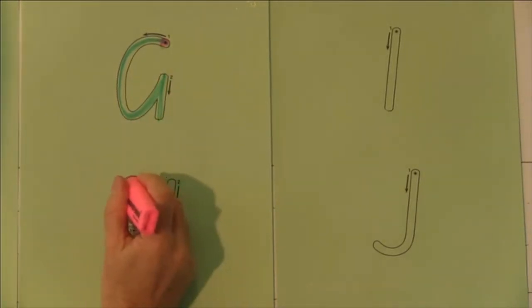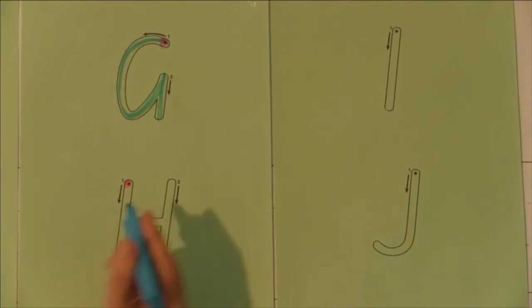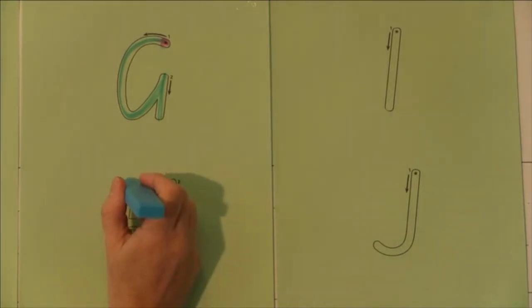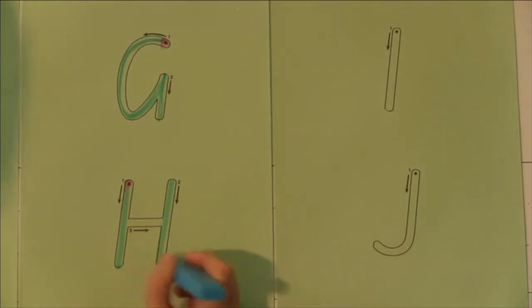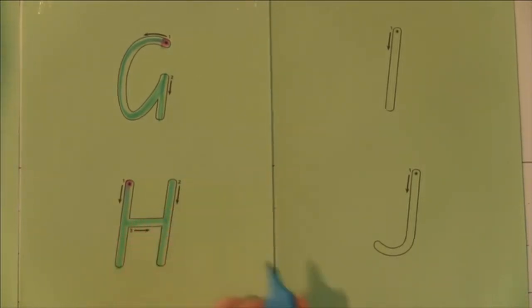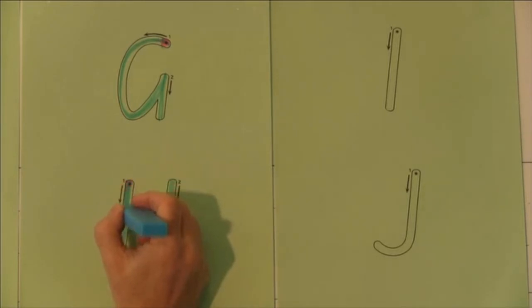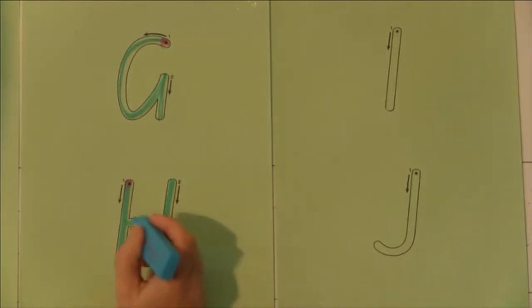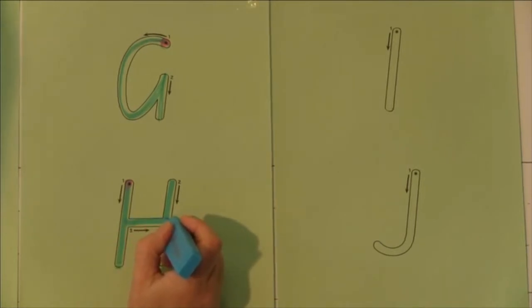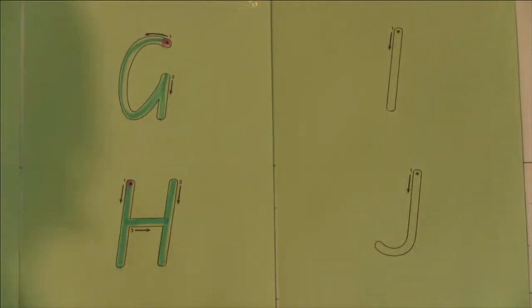H. Now H does have a straight stick on the left. So let's go down, down, and then put the bridge in last. So left goes straight, the right goes straight, second, and then the bridge goes in last, and that's H.